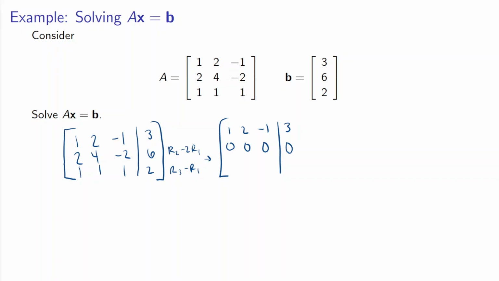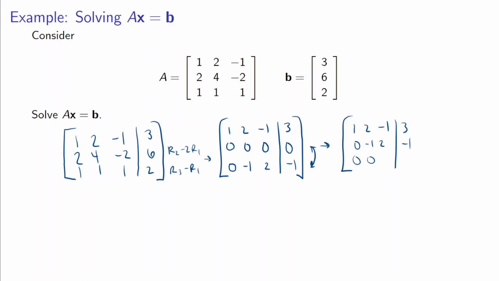And then 1 minus 1 is 0, 1 minus 2 is -1, 1 plus 1 is 2, and 2 minus 3 is -1. Let's do an interchange here to bring that row of zeros to the bottom: 1, 2, -1, 3, and then 0, -1, 2, -1, 0, 0, 0, 0.